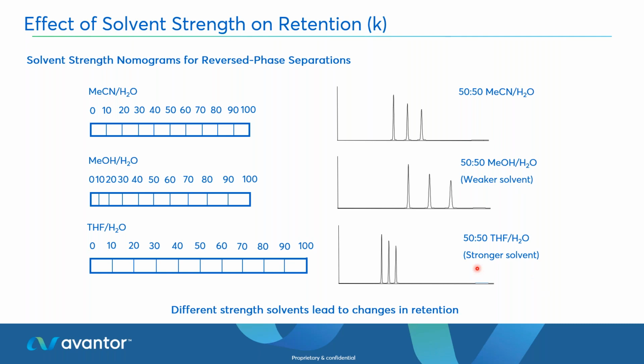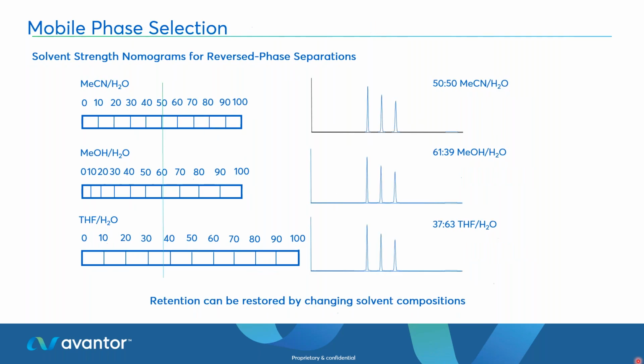THF is a stronger solvent. So as expected, because it's a stronger solvent, everything comes out earlier. I've got shorter K values, shorter retention times, because this is a strong solvent. And we can look at these solvent nomograms to say, well, actually, if we want to have the same chromatography, the same retention, then we need to match up the solvent strengths.